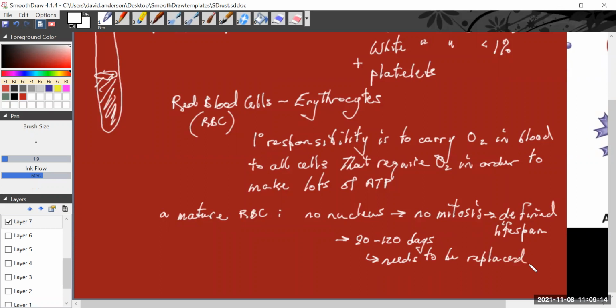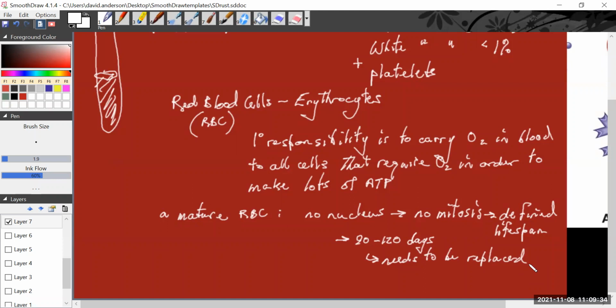So the red blood cell lineage that we talked about, that we all know goes on in bone marrow, is an ongoing process. This is happening all the time. There are trillions of red blood cells circulating in the body, and at any given moment, some are dying and others are replacing them.